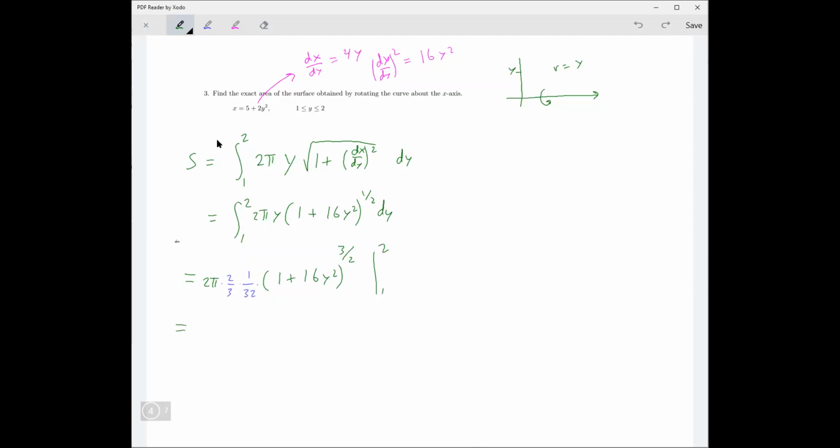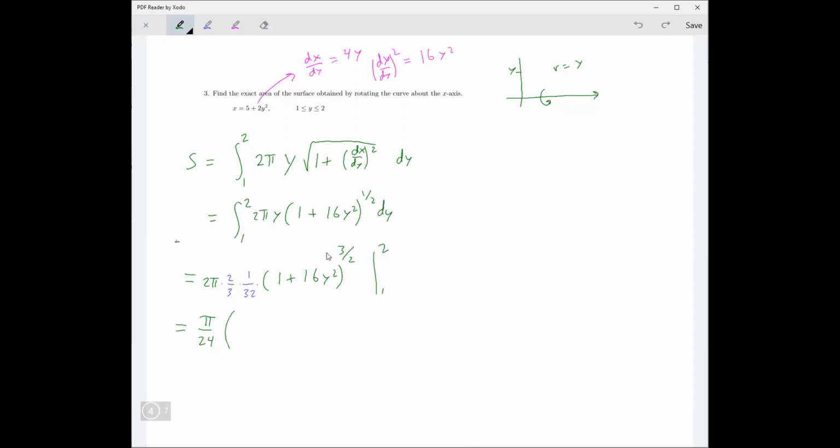Now I have a 2 here and a 2 there, and that's going to be 8. So it's going to be pi over 24, because 32 divided by 4 is 8, and 8 times 3 is 24. So pi over 24 on the outside like that.